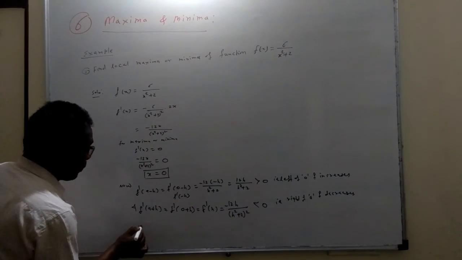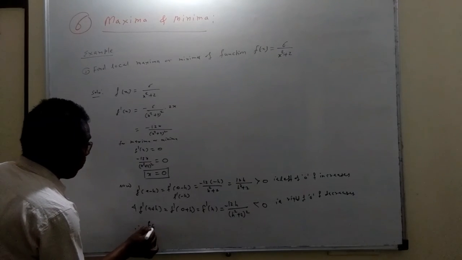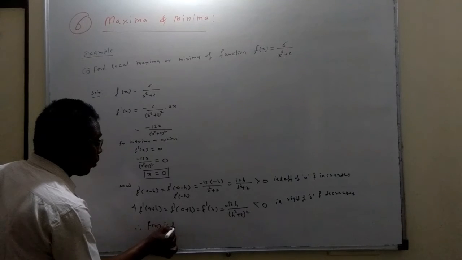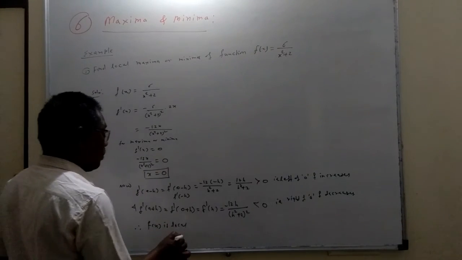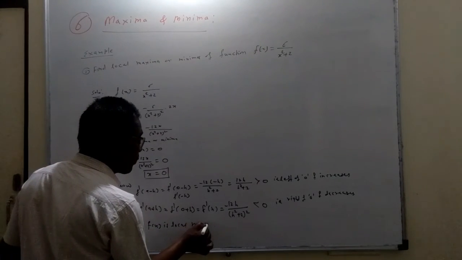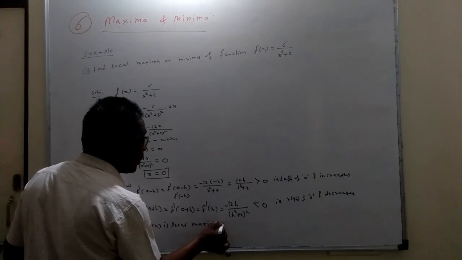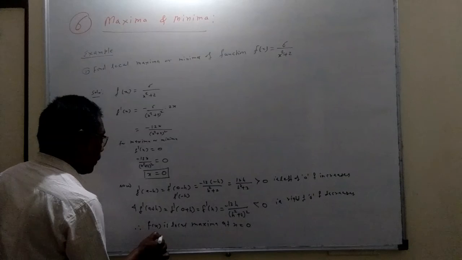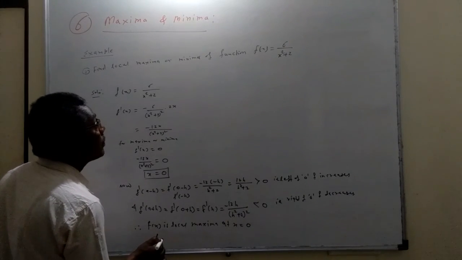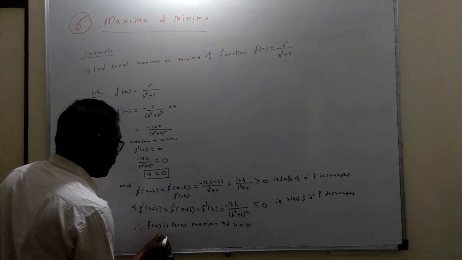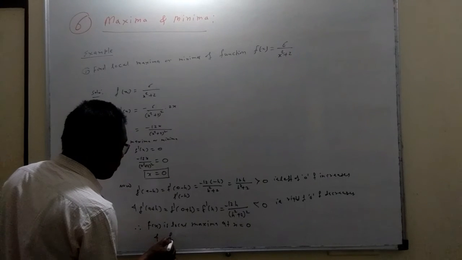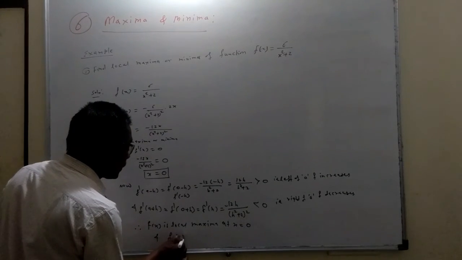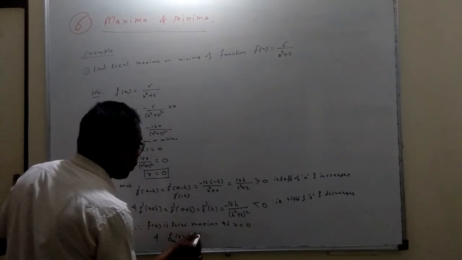So therefore f of x is local maxima at x is equal to 0, and f max is f of 0.